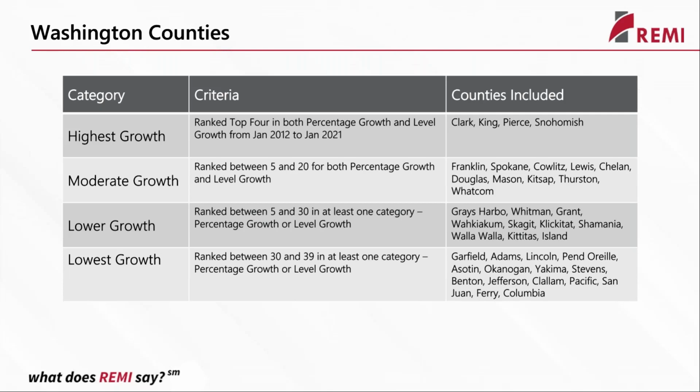We compare both of these metrics because for a low price county, if you have a moderate increase in dollar terms, that might show up as a really high percentage increase to the average housing price.